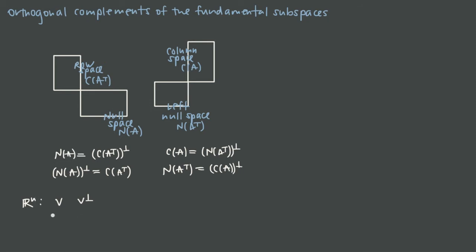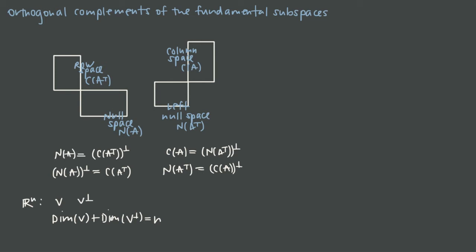Then the dimension of V plus the dimension of V perp, because they are orthogonal complements, is equal to n, the dimension of the space in which they're contained. For example, in R2, if the dimension of V is 1, then V is a line. Well, 2 minus 1 is 1, so the dimension of V perp also has to be 1. It also has to be a line.